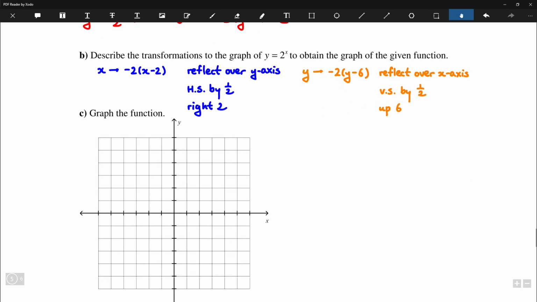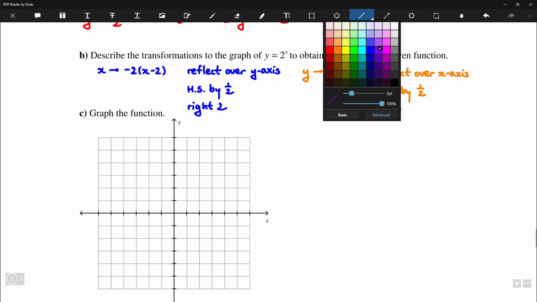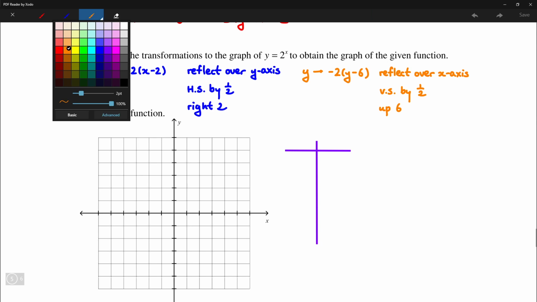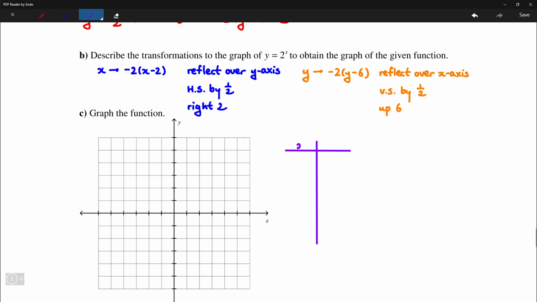So if we were to graph the function, we can make a table of values first for the original function, and that is y equals 2 to the x. Let's go ahead and do that here. So let's go with 0, 1, 2. 2 squared is 4.